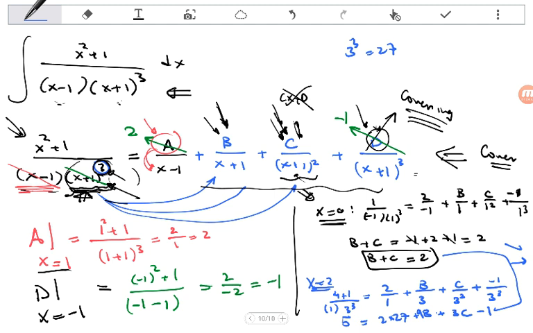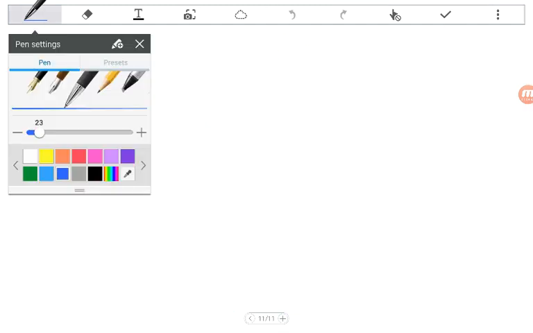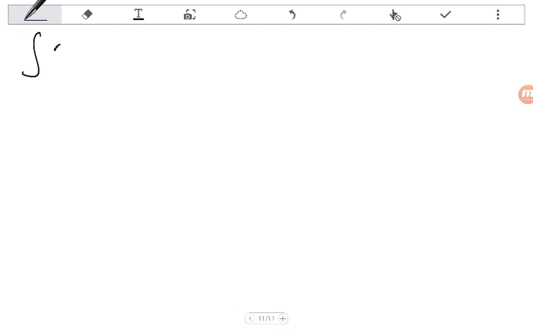Okay, now we have done the partial fractions. Now I need to do the integration itself, so I write it again. Now it is the integration of (x squared plus 1) over (x minus 1) multiplied by (x plus 1) cubed, dx.